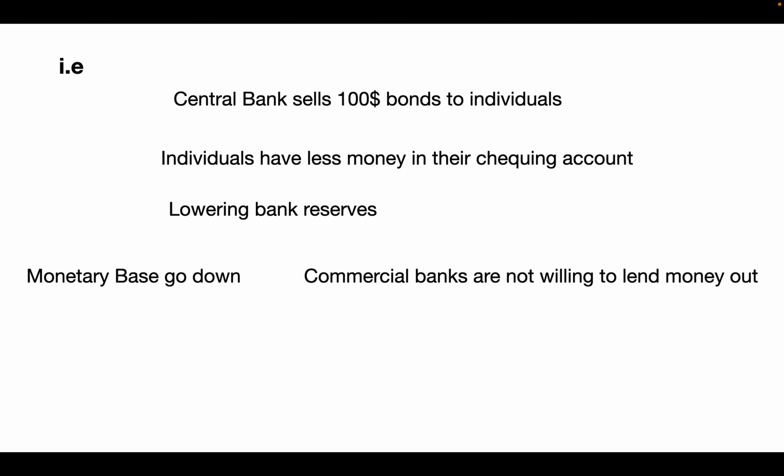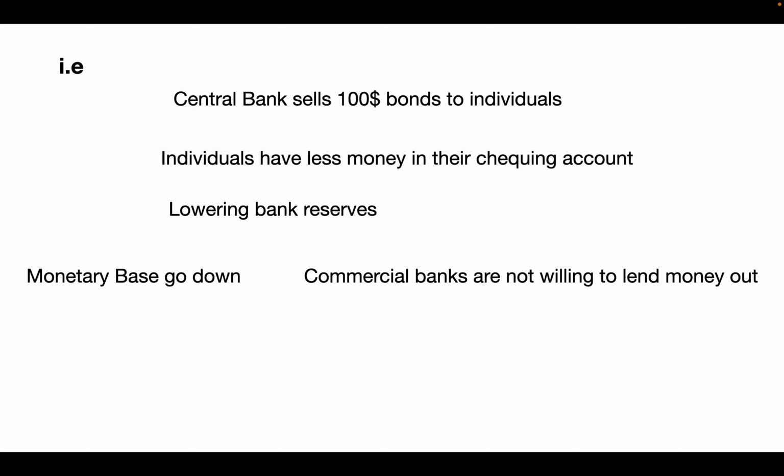Another example: when the central bank sells $100 of bonds to individuals, what is going to happen? You can also pause the video for a second and think about that. So yes, the individuals will have less money in their checking accounts when the central bank sells $100 of bonds to them. In that case, the bank reserves will go down, and the monetary base will also go down.